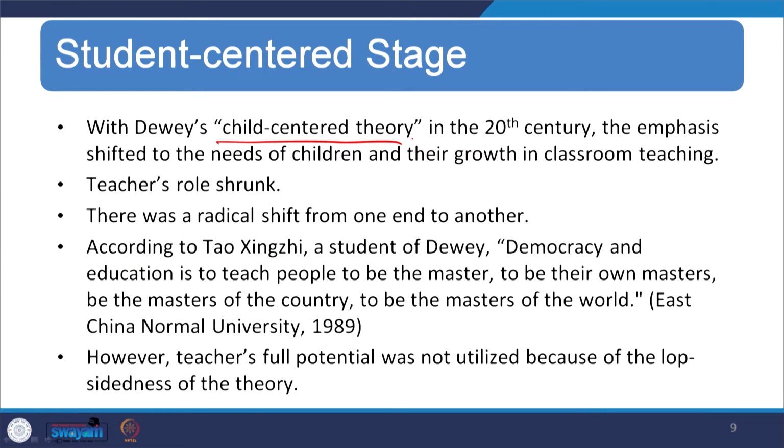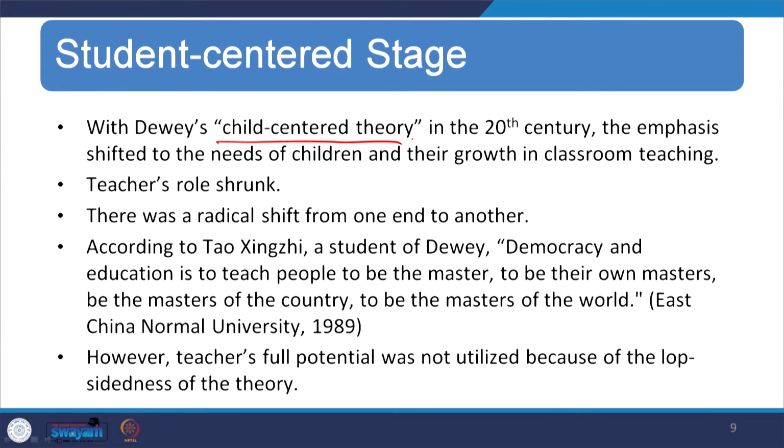The next stage is student centered stage, where it is said the child centered theory, we have already spared some time on it. In the 20th century, the emphasis now changed from teachers to students and their growth in the classroom teaching.